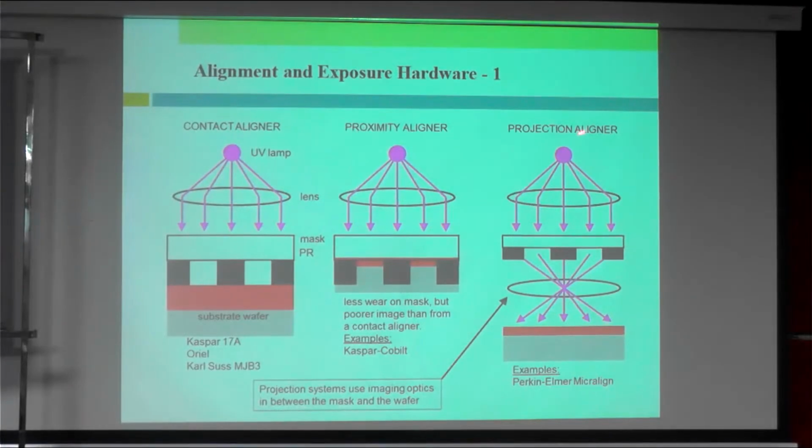Then this is a projection aligner, where this kind of setup uses imaging optics in between the mask and the wafer. So you have imaging optics here rather than only here. So the lens is only here. In this case, you have another optical setup in between the mask and also the substrate.